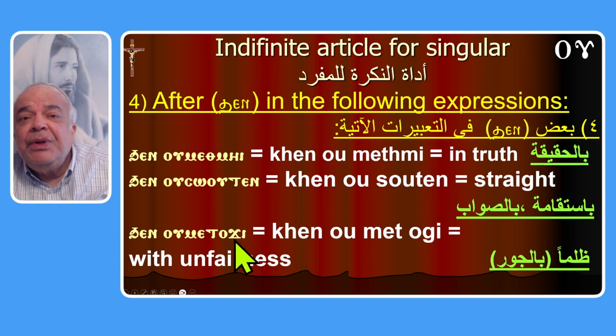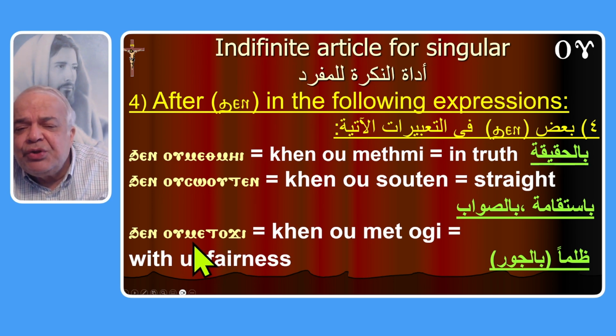I taught you in the first part of lecture number 14 about some prefixes. One of them was met. And I told you that met as a prefix changes or transforms an adjective into a noun.